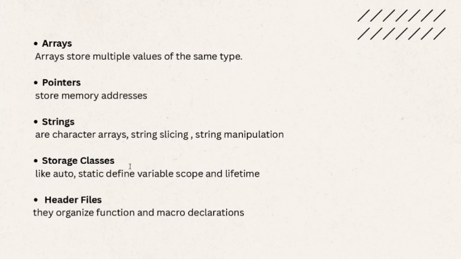Storage classes. Storage classes control scope and lifetime of variables, like auto, static, which define variables' scope and lifetime. Header file. Header files contain function declarations and macros to organize the code. Hashtag, like hashtag include.